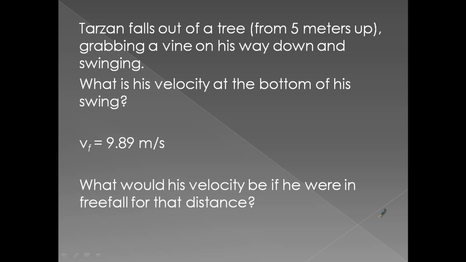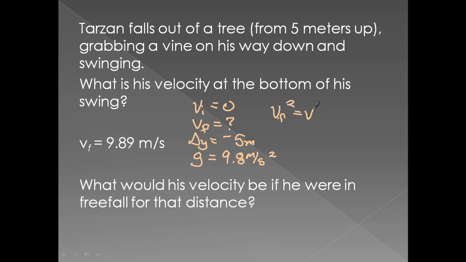So we can go back to our kinematics equations and make a little chart for the y direction. His initial velocity in the y direction is 0. His final velocity is what we're trying to find. Delta y goes down, -5 meters. And gravity is just gravity, which is 9.8 meters per second squared. So then we use this equation, the final velocity squared equals the initial velocity squared minus 2g delta y.